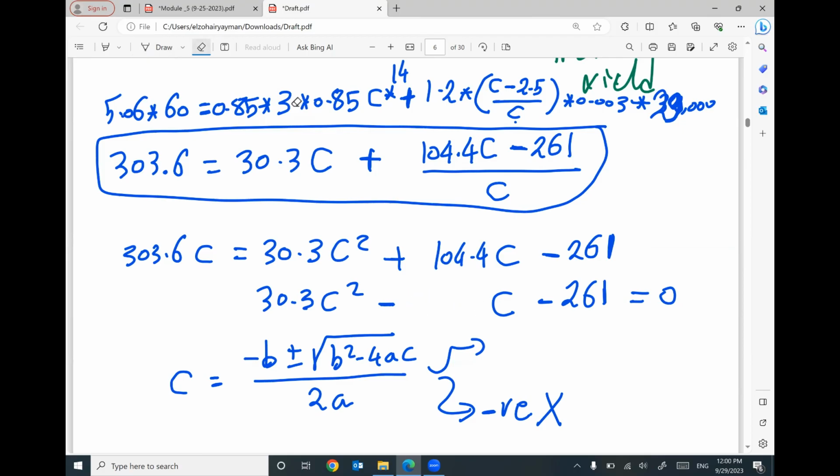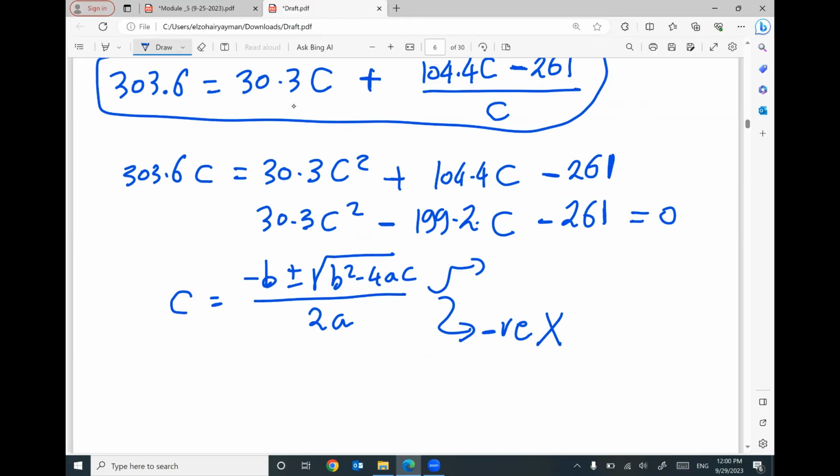Then this number will be a little different. It will be 303.6 minus 104.4. I got 199.2. Then I can resolve the equation. It will be 199.2 square plus 4 times A times B, plus, divided by 2A. Oh my goodness.